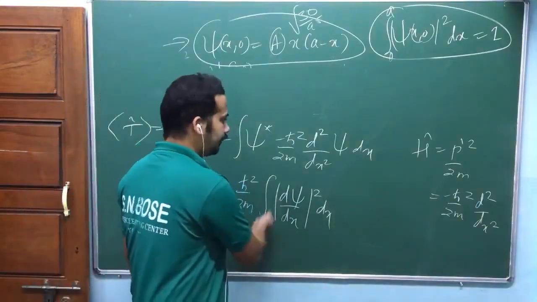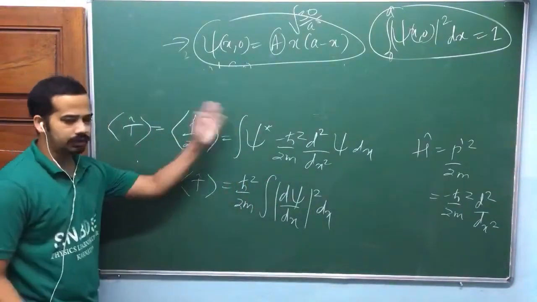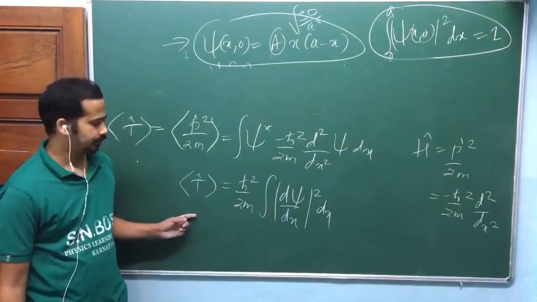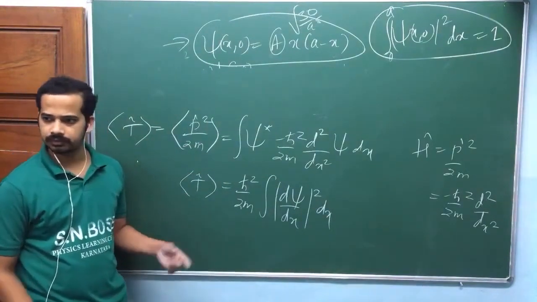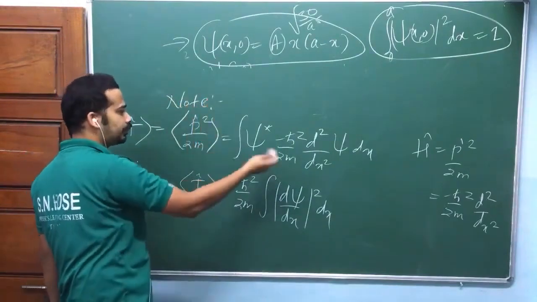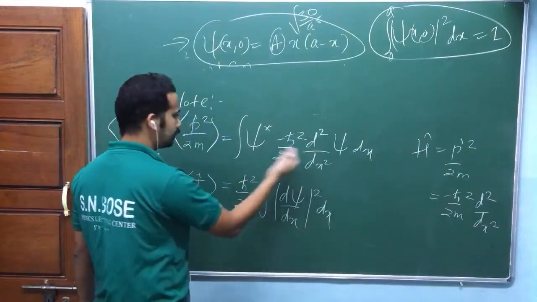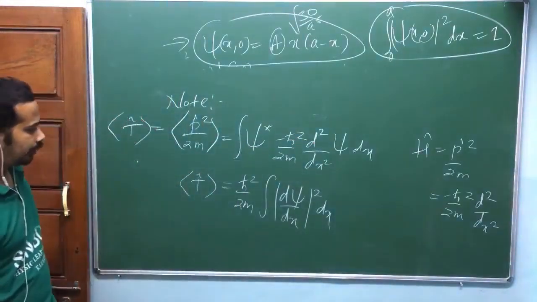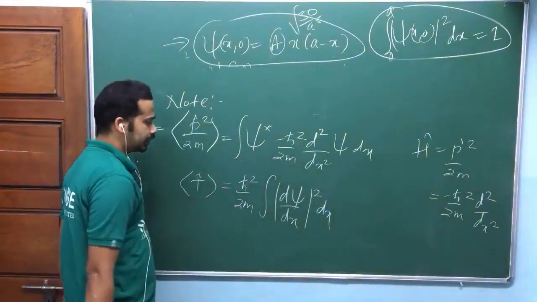It is an integral over the region of interest. This is true in all cases. Have you noted this down? Let me prove that one. One of the d by dx should be taken here. Its Hermitian conjugate will give -1, so that negative sign will get cancelled.